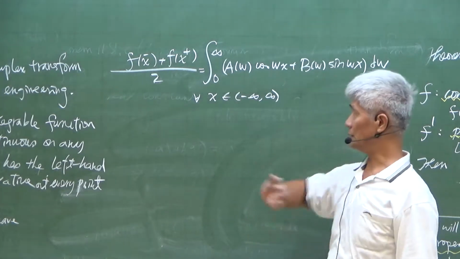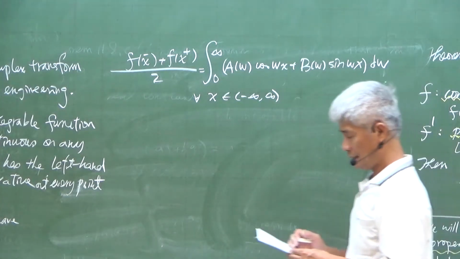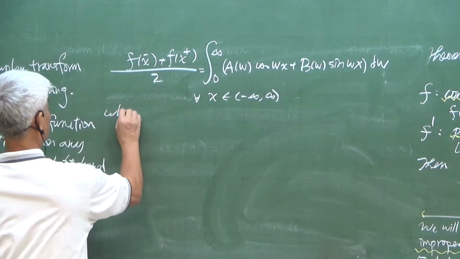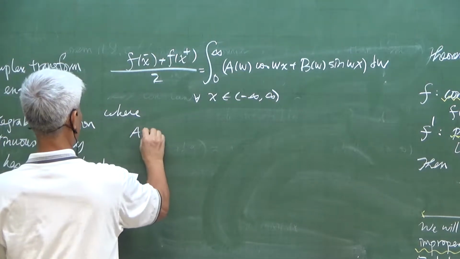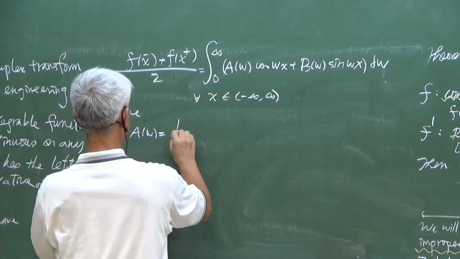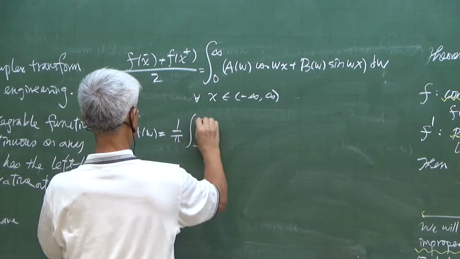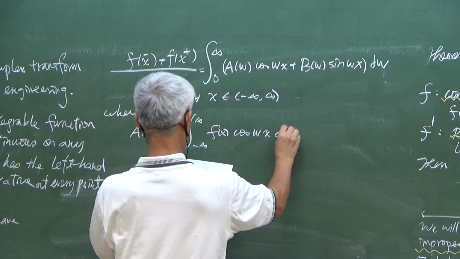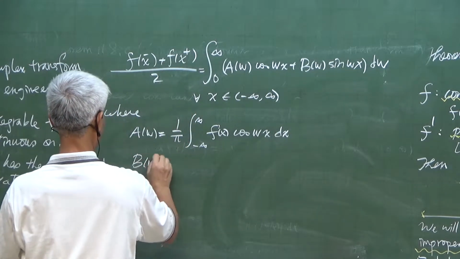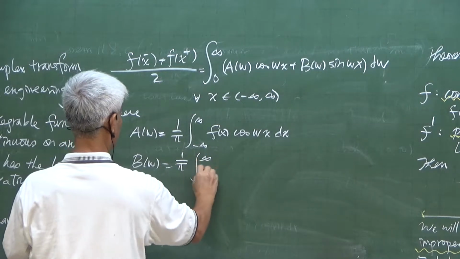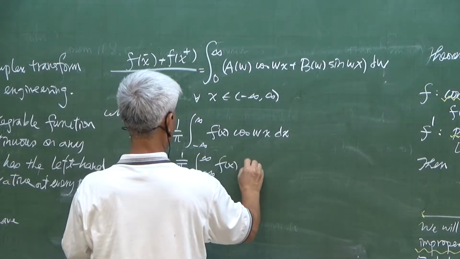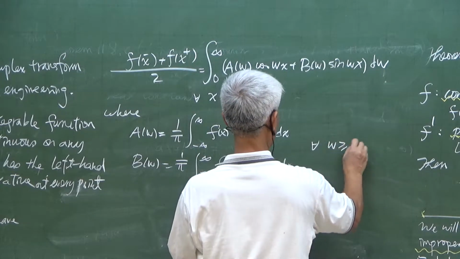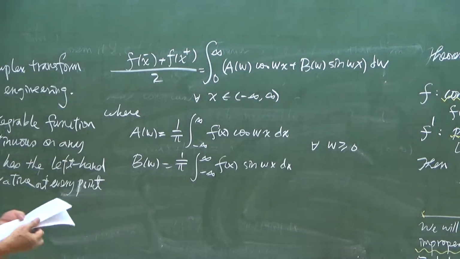And we know A(w) is equal to 1 over pi times the integral of f(u) cosine wu du, and B(w) is 1 over pi times the integral of f(u) sine wu du, for w greater than or equal to 0.